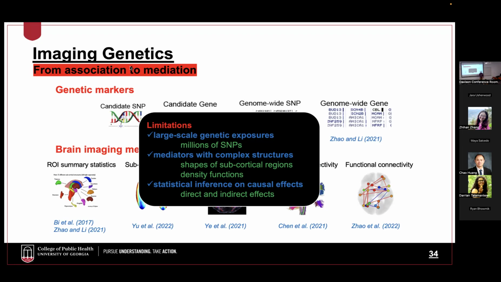They usually come from very different spaces and have very complex structures. And lastly, for association analysis or mediation analysis, one important tool is that we need to do inference. To say it more straightforwardly, we want to get some p-values, right? Once we have the p-values, I can tell you which SNP is significant and which one is not, right?